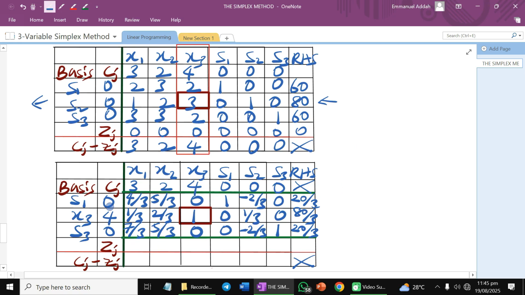Zj is 0 times 4 over 3, plus 4 times 1 over 3, plus 0 times 7 over 3. So this will be 0, this will be 0. We are left with 4 over 3.